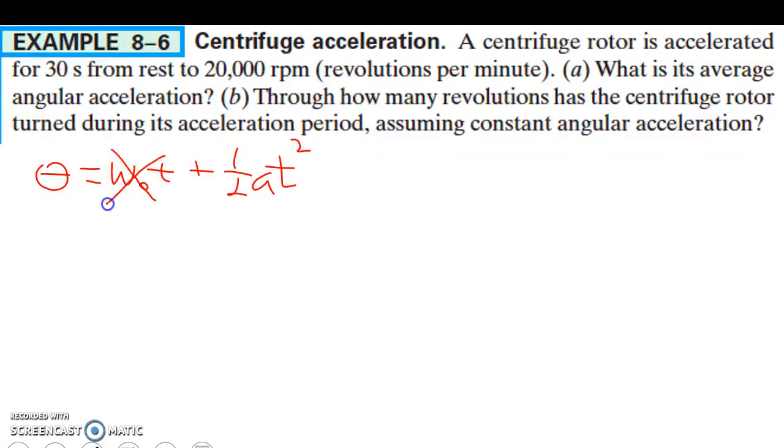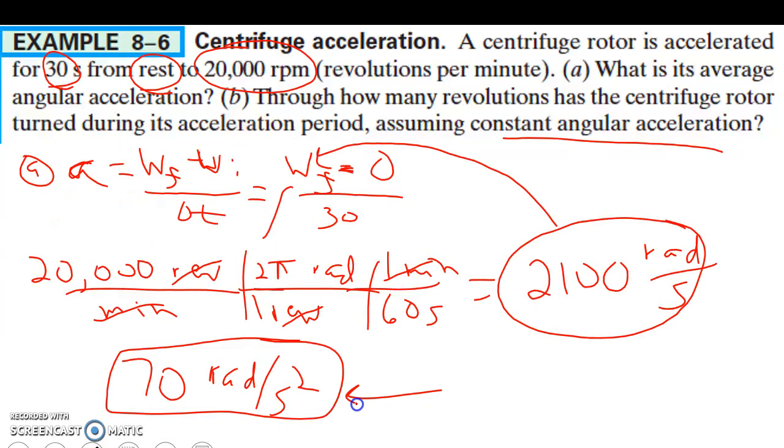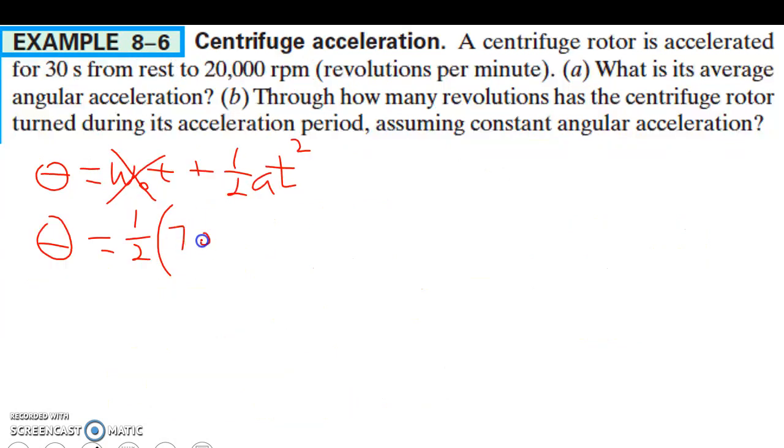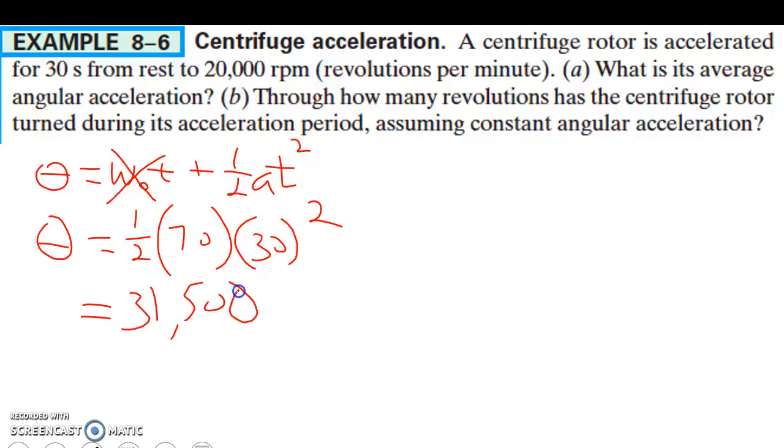Since we start from rest, the first term is automatically 0. So I go 1/2, I found my acceleration to be 70, and then my time was 30 seconds squared. When I math all this out, I get 31,500 radians. Again, I'm rounding to 3 sig figs here.